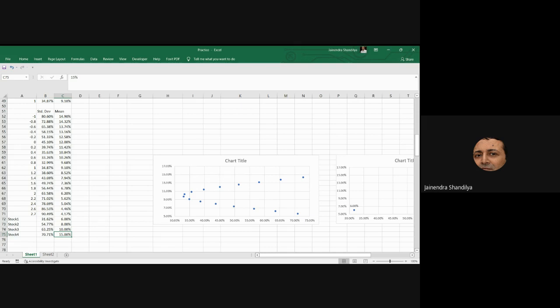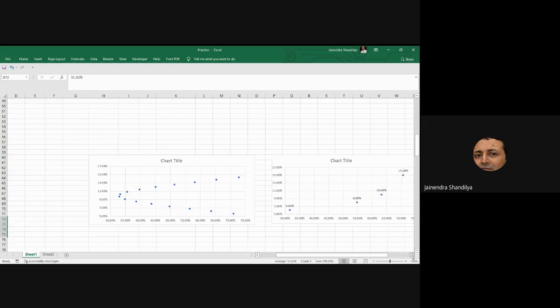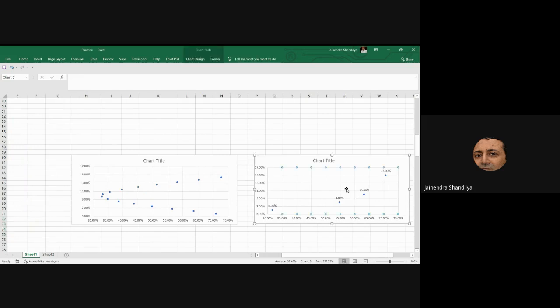And portfolio Y is heavily tilted towards this stock: 60% of portfolio Y is in stock 4. So what is their variance and covariance? Their variance is this. So if I draw this and this together to see whether this is efficient or this one is efficient, I come to this situation.